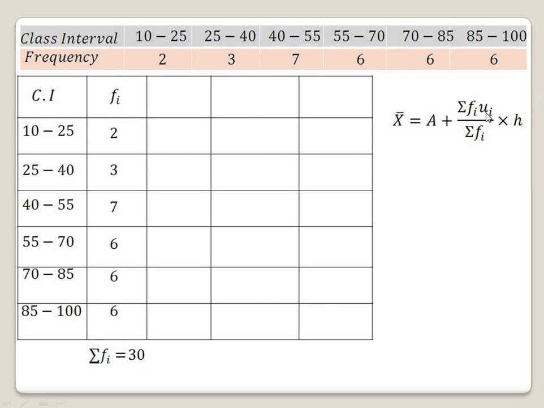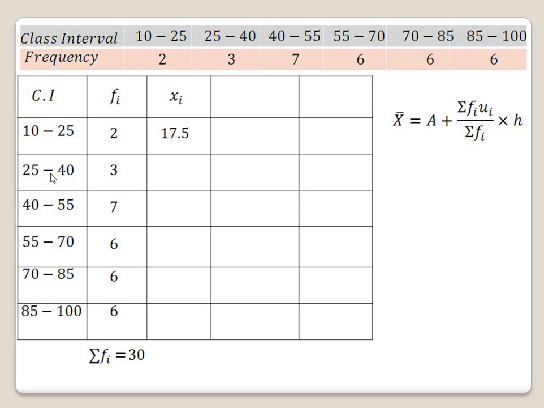Then we have to find the deviation, that is ui. For that, first we have to find xi, that means the mid values. Here 10 to 25 is the first group, where 10 is the lower limit of the class and 25 is the upper limit. The formula for finding the mid value is lower limit plus upper limit divided by 2, that is 10 plus 25 divided by 2, that is 17.5.